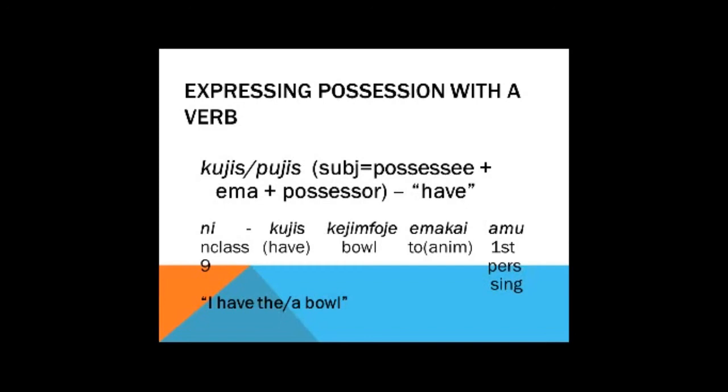And then the second part of it is actually the part that's saying to me. Yema means to. As per the previous lecture on prepositions, if the preposition is followed by an animate noun, in other words a noun that's representing a living thing, then it takes kai on the end. So therefore it becomes yema kai, amu is me. So the whole thing in sequence, nikuyis kayim foye yema kayamu, would translate as I have the bowl.